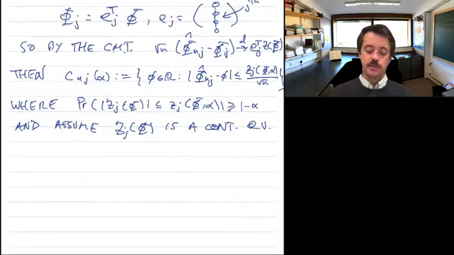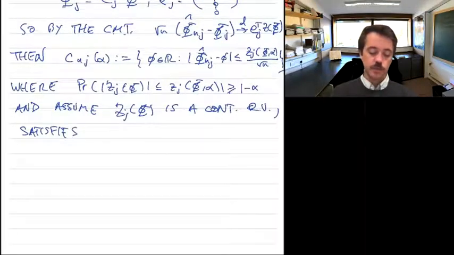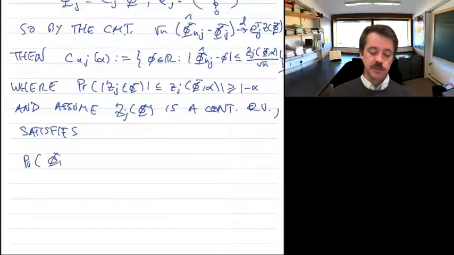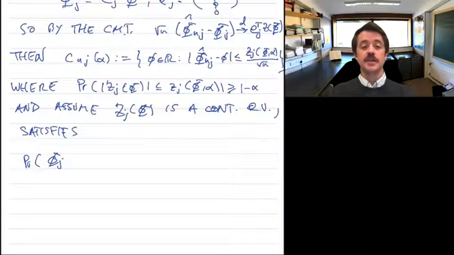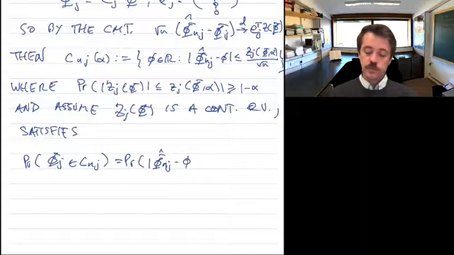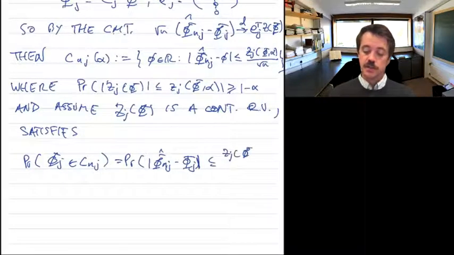Then we have that the C_n,j satisfies what we want, which is that the probability of the true parameter, the jth entry of this capital phi, being in this set is very simply just the probability of this, with absolute value, being less or equal than this Z_j, non-random.